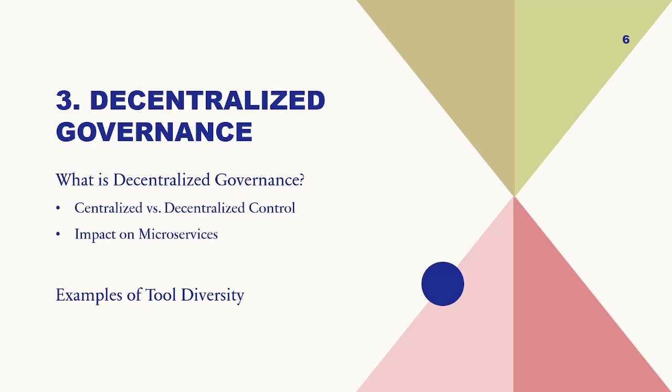Third is DevOps tools. Some services might use GitLab for version control and CI/CD, while others use Jenkins depending on team familiarity and service needs.